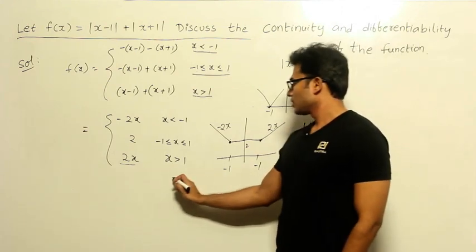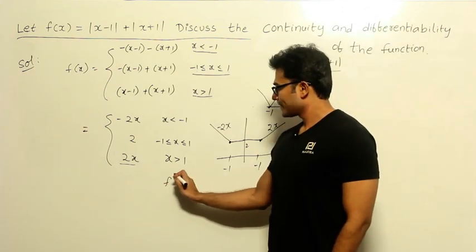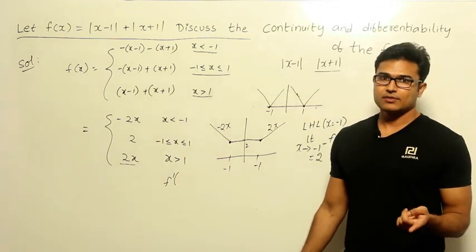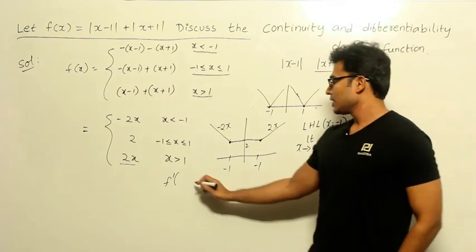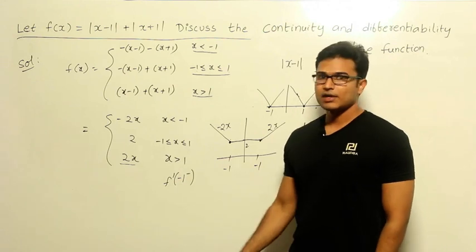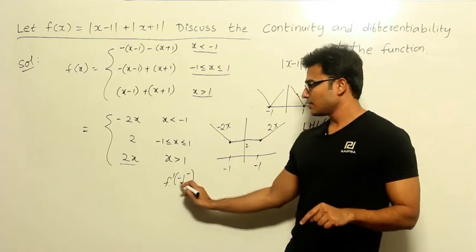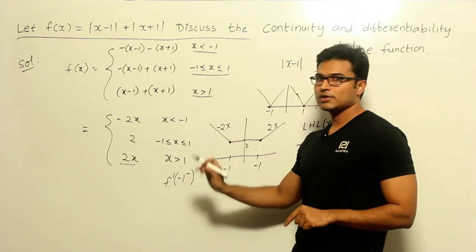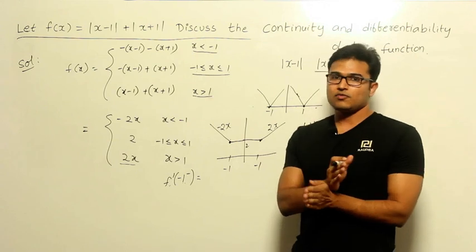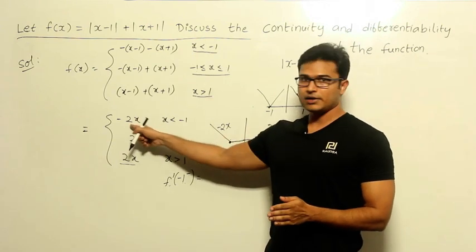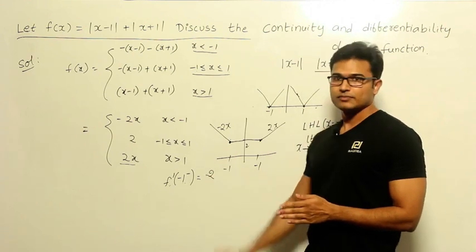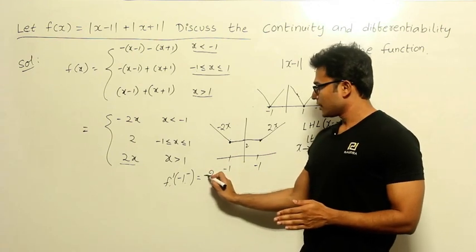I want to find out f dash of x, and the left limit at minus 1, which means f dash of minus 1 minus. Now if I am talking about a point which is to the left of minus 1, then this is what I am looking at. Now find its derivative. We are going to get minus 2, isn't it? That's it, minus 2.